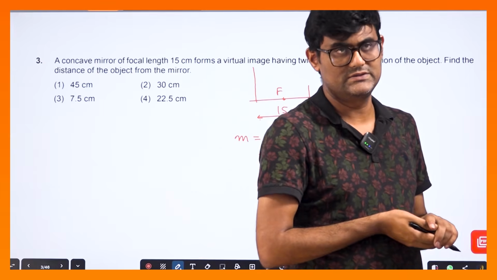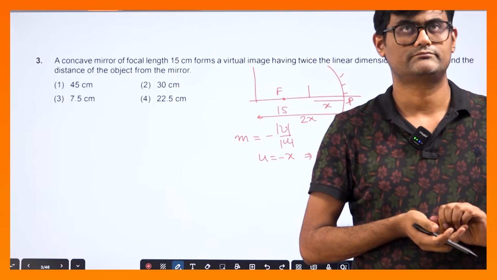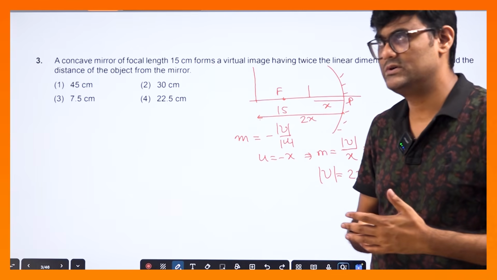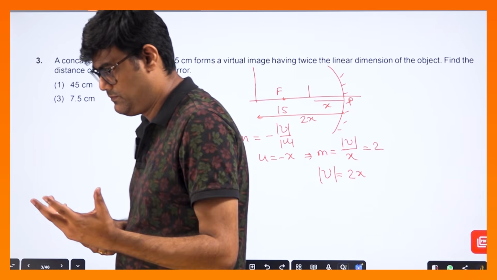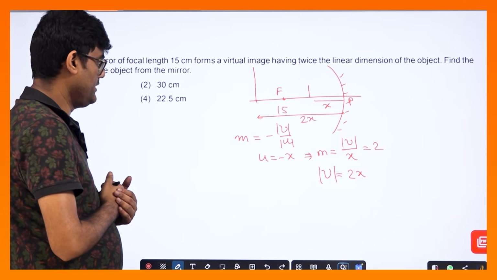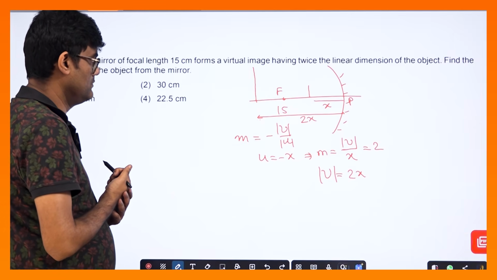Twice the dimension means the magnification must be plus 2, right? As they are on the same side, magnification is +2.